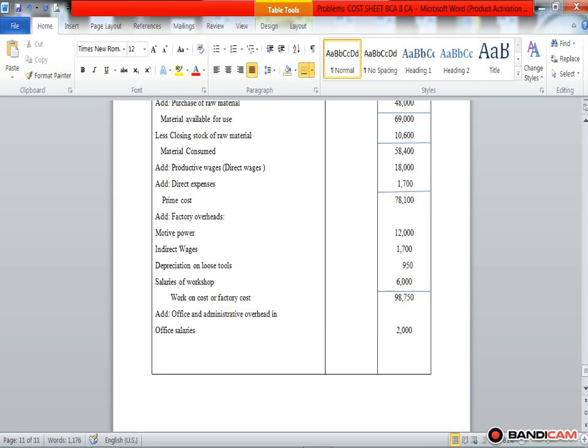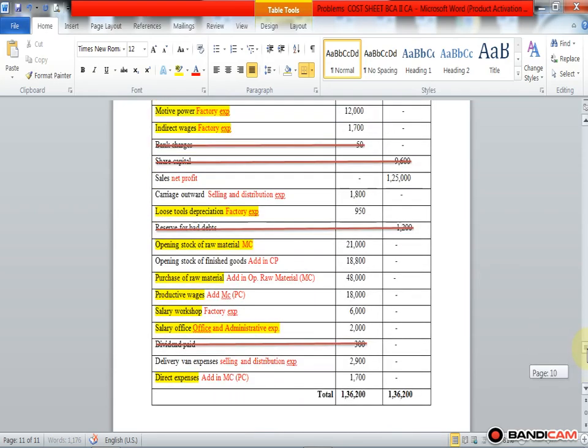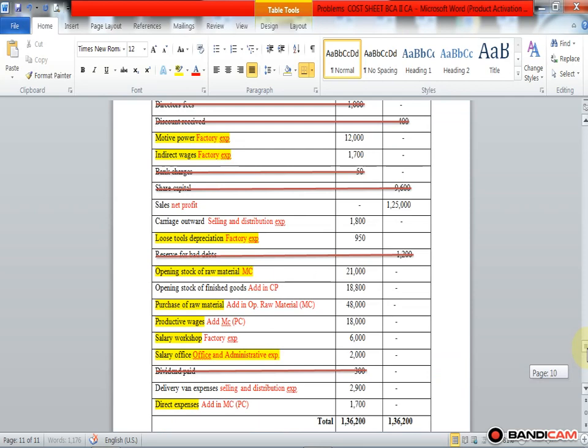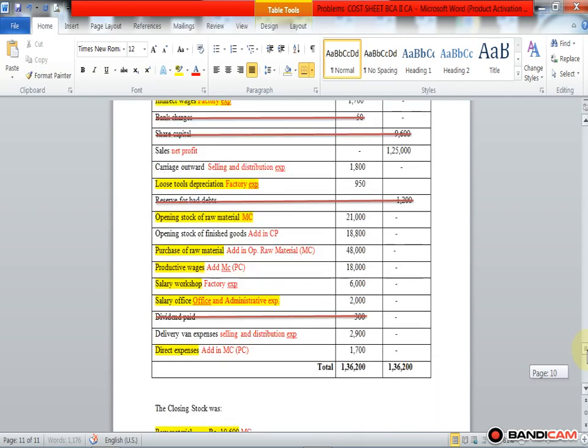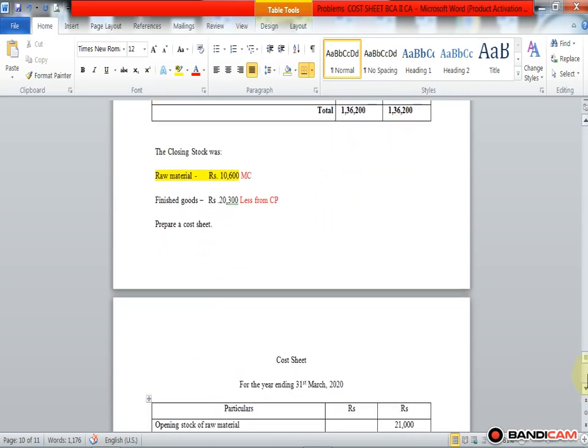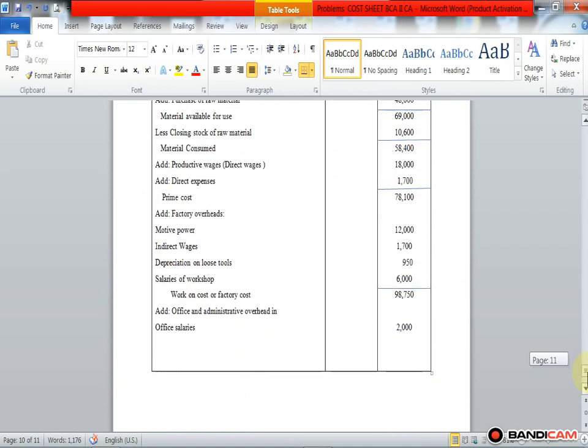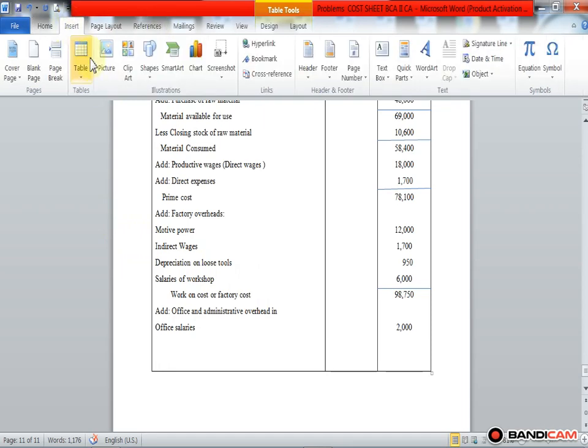Then find other expenses. No other expenses are related to office, so only one expense is given here, office salaries. We transfer it under the head of office and administrative expenses. Just add this 2,000 in work cost or factory cost.